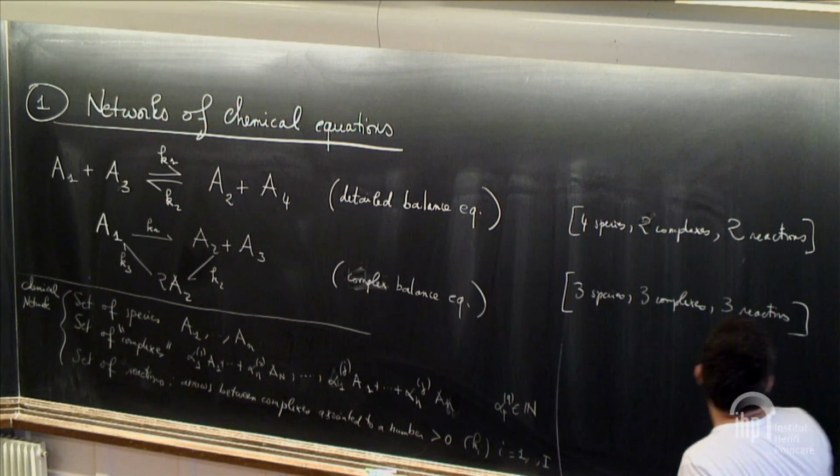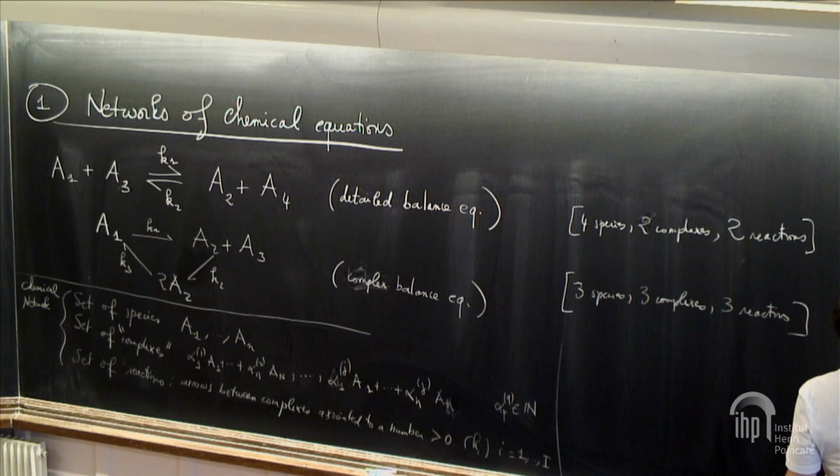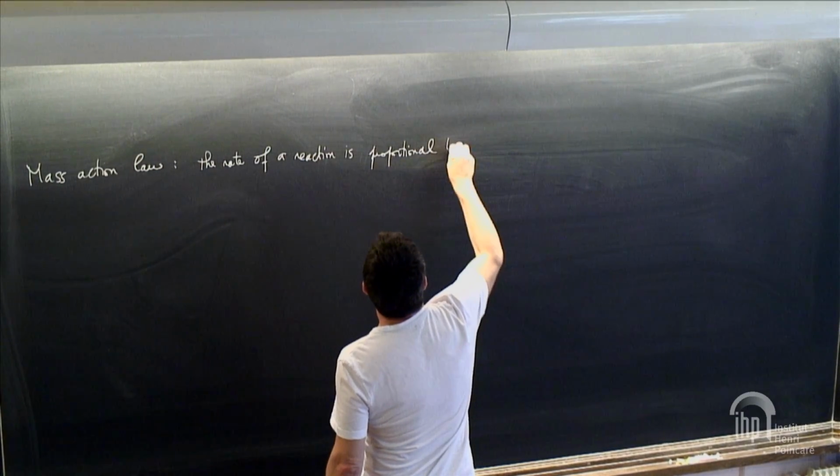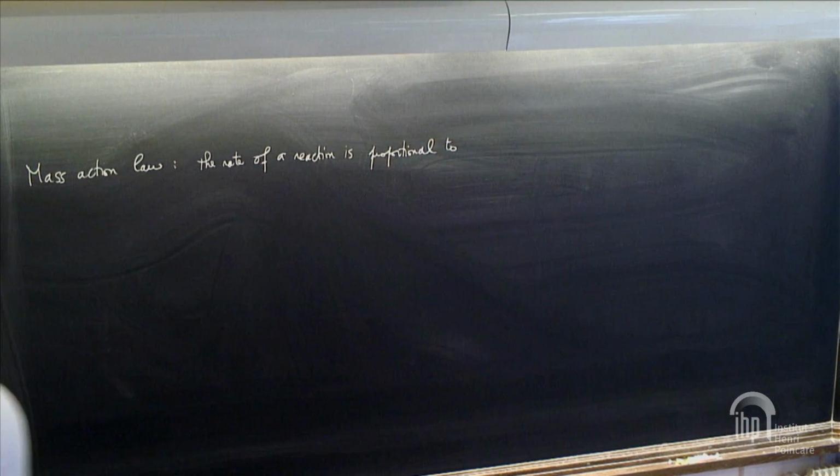And the mass action law tells you the following. It tells you that the rate of a reaction is proportional to the product of the concentrations of the species appearing in front of the reaction to the exponent, the alpha I, which are defined here.